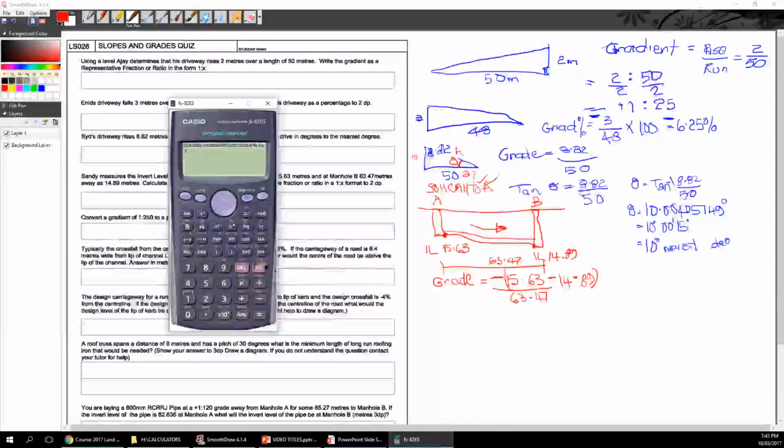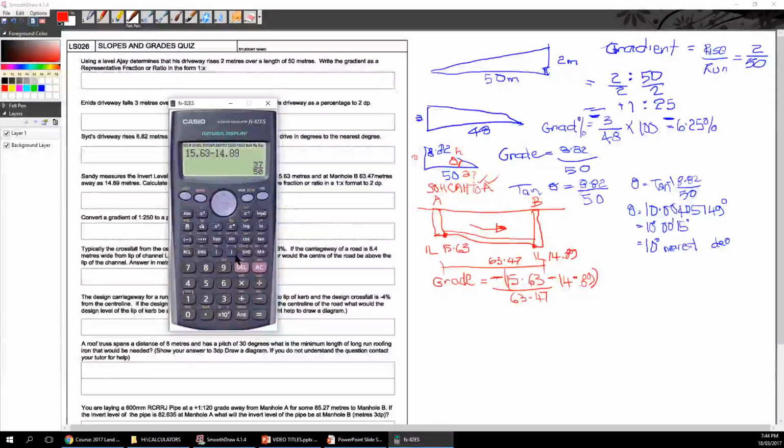All right, so this time, 15.63 minus 14.89. So that's the rise, or in this case, a fall.